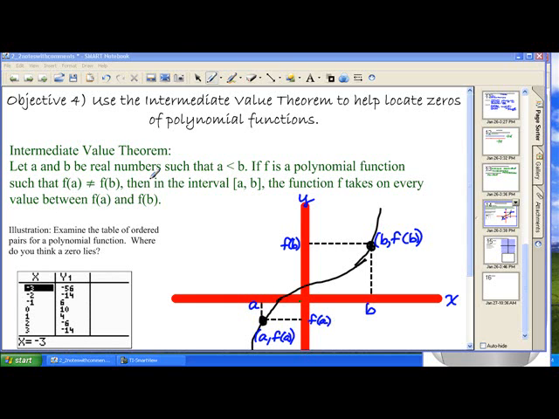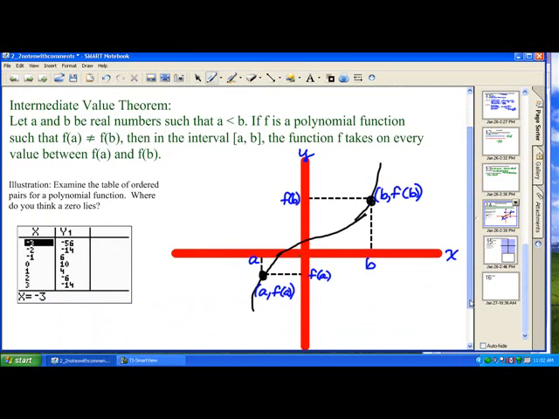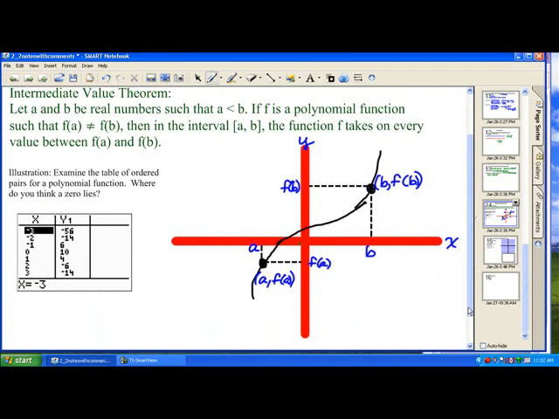You're probably thinking, what? I don't really care, but it is a neat thing that takes place with some polynomial functions. So I've drawn a graph, not really to scale, and it doesn't matter what a and b are as long as a is less than b. Here a is less than b, because a is to the left of b.